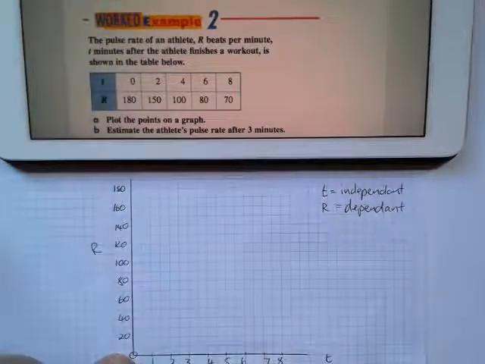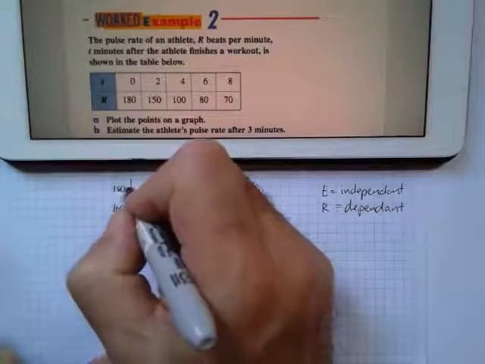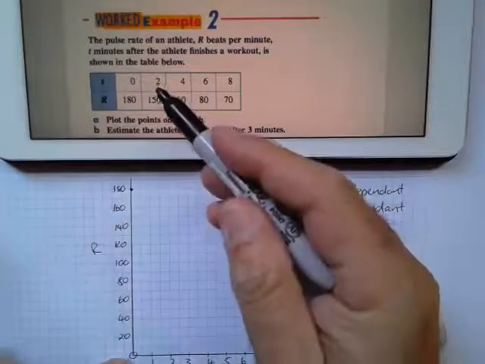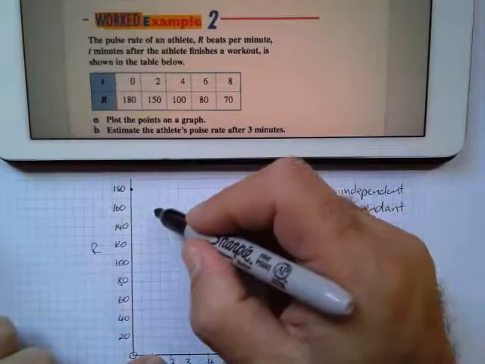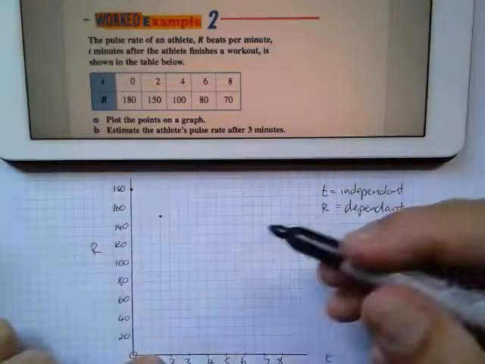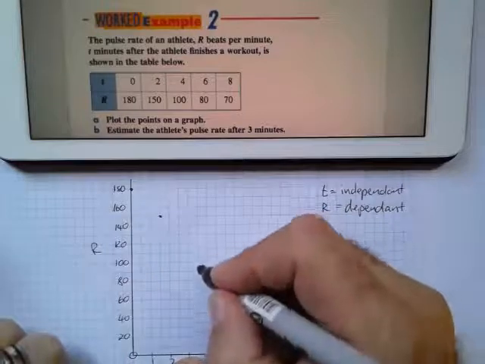So when time is 0, that is 180. When T is 2, that is 150. So 140, 150. When time is 4, this is 100.